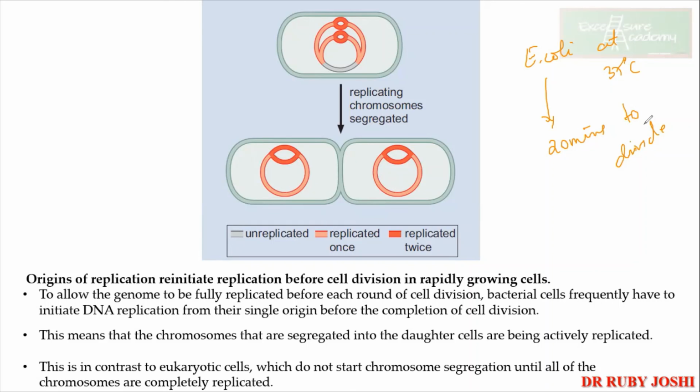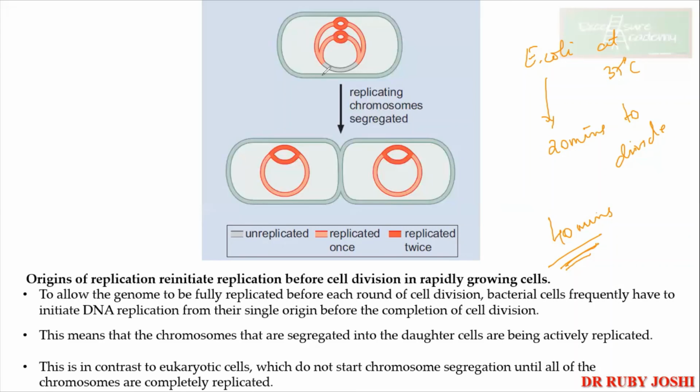But the entire replication of its genome takes 40 minutes. So by the rules, it should take another 20 minutes to divide, but we know that E. coli takes only 20 minutes. Its generation time is 20 minutes to divide, but to completely replicate one genome takes 40 minutes. So how is it possible?